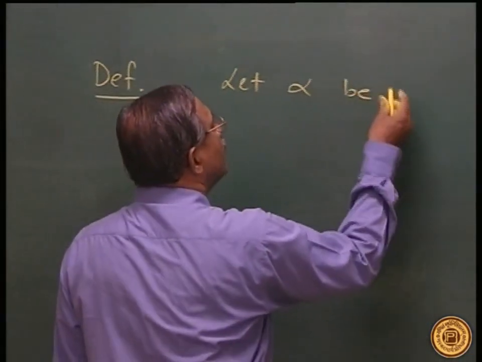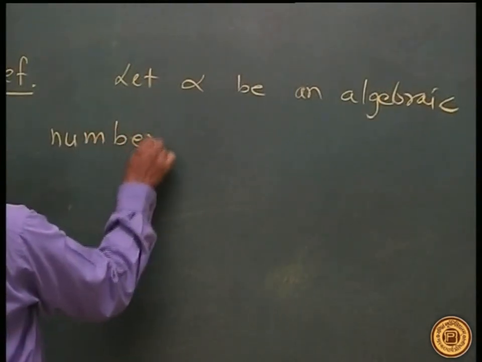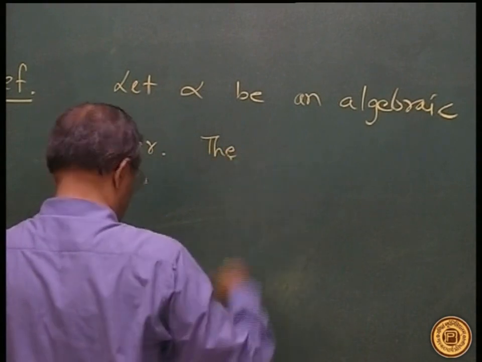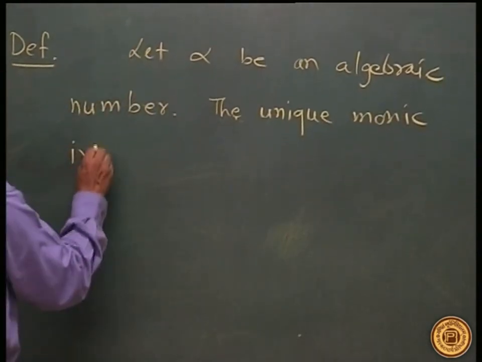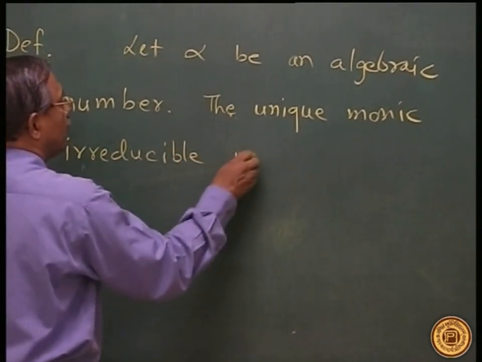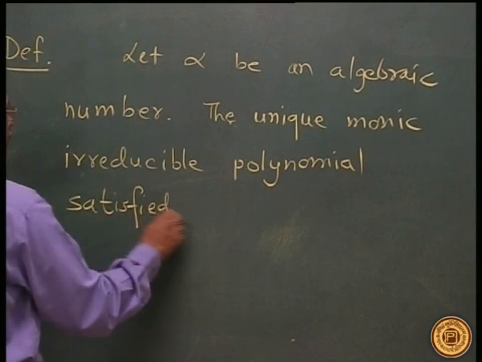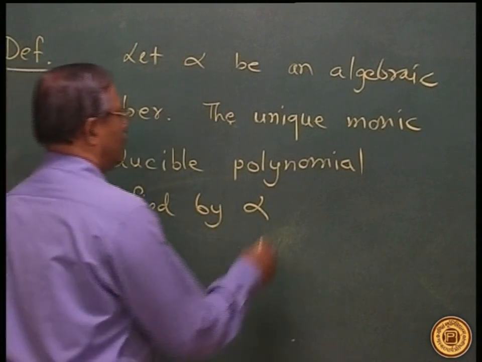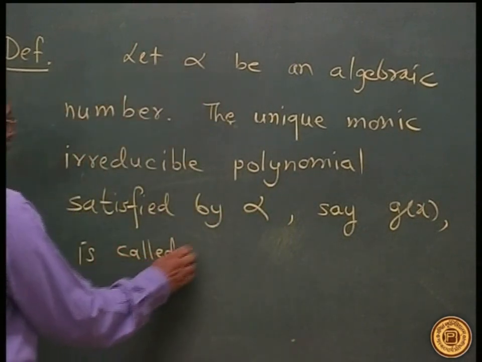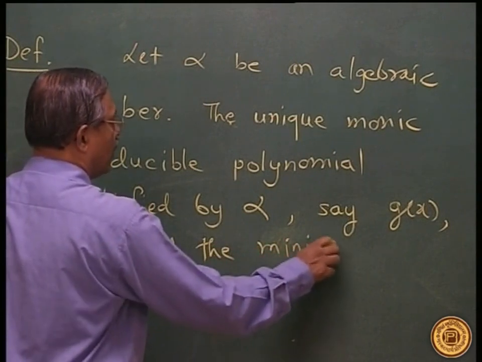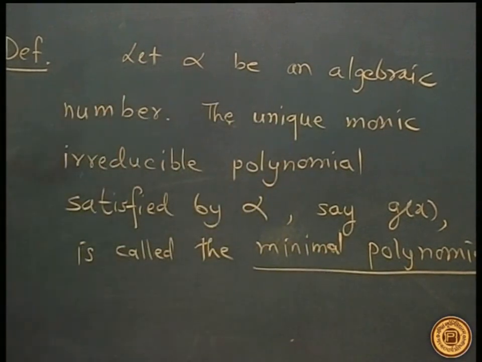Let alpha be an algebraic number. The unique monic irreducible polynomial satisfied by alpha, say Gx, is called the minimal polynomial of alpha.